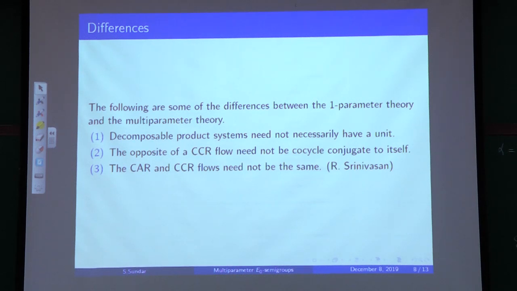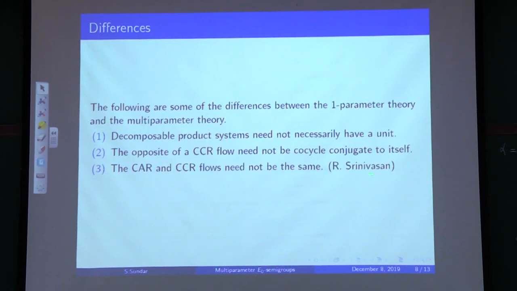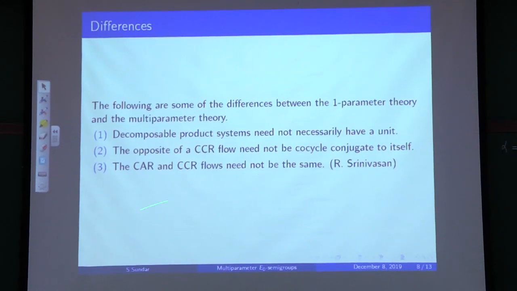In the one parameter case, the opposite of a CCR flow will again be the same CCR flow. But in the multi-parameter case, the opposite of a CCR flow will be a CCR flow, but it may not be the same one. So these are two differences. I have explained this opposite, and the first one I told in the beginning itself. This was due to Srinivasan, that CAR flows and CCR flows need not be the same.